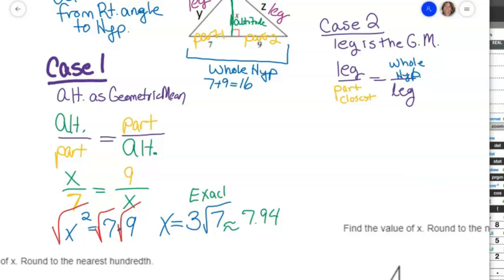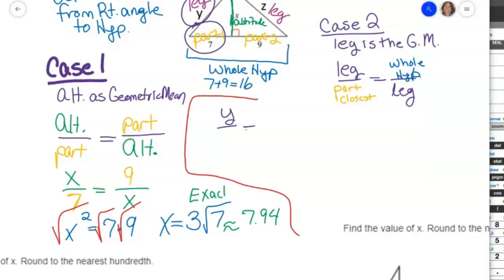All right, so for our first one, we're going to look at y, and the closest part is 7. So y is going to go into my dual position, and it's going to be 7 to my whole 16.